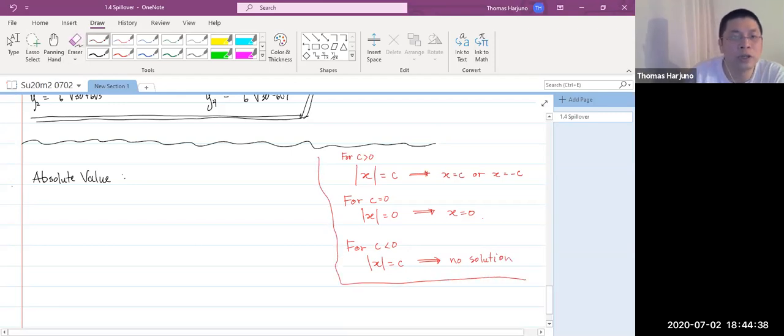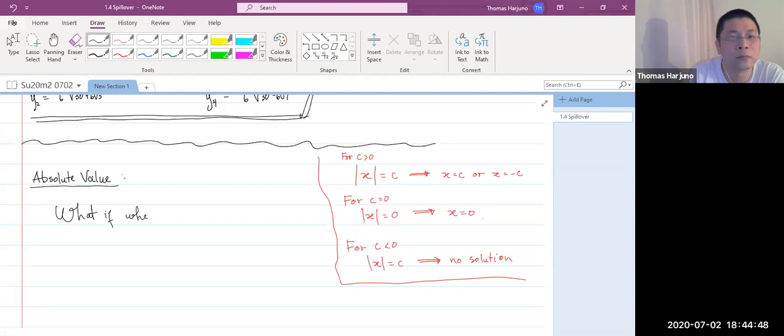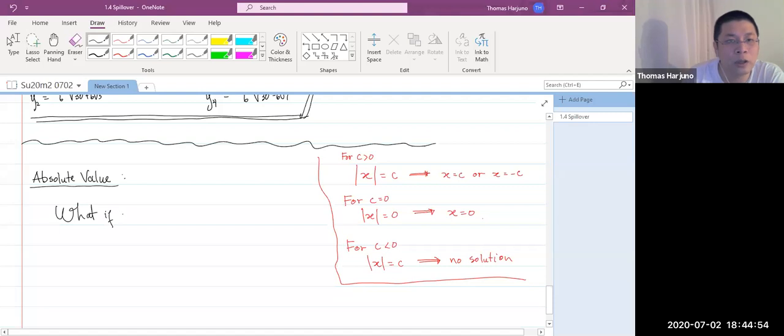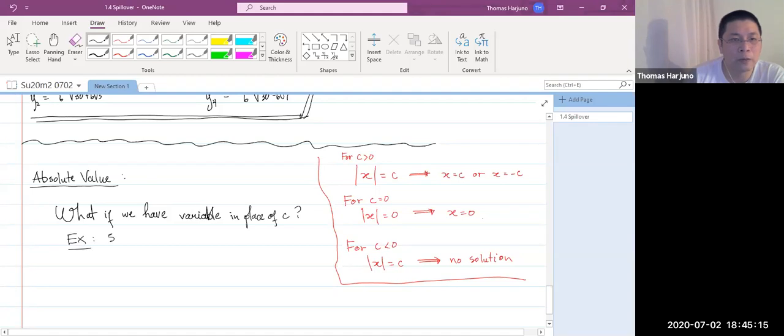Now, the issue is what happens if we have a variable in place of a constant? Let's say, for example, we will later on attack the following question.